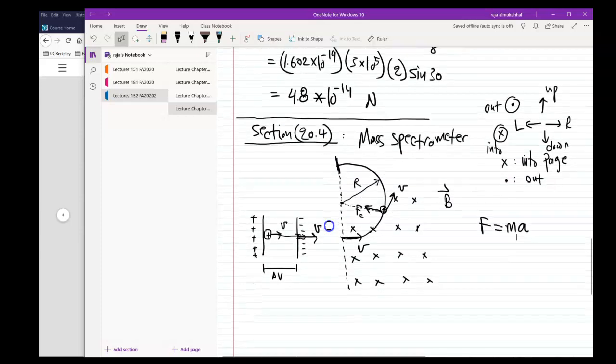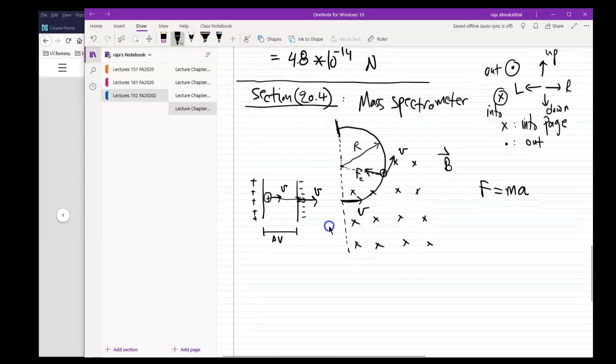Here I have QVB equals the mass of the proton, that's the one I'm looking for, times the acceleration. But this acceleration is what? It's a centripetal acceleration, because it's a circular path. The centripetal acceleration is equal to v squared over r, if you go back to our Physics 151.